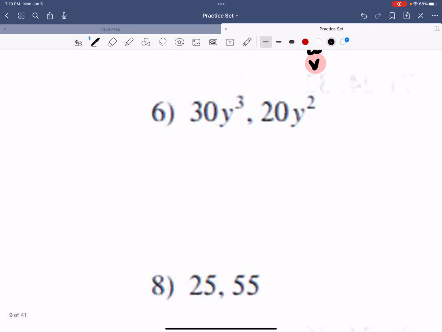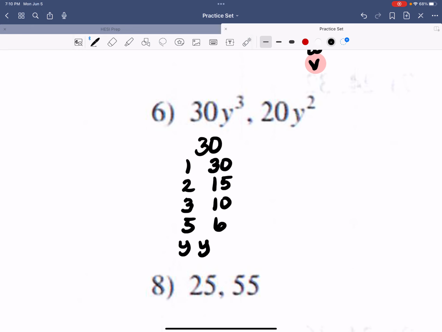Number 6, we have this 30 that we need to break down. So we have a 30, 2 and 15, 3 and 10, 5 and 6, and then we have 3 y's, y to the third. And then I have a 1 and a 20, a 2 and a 10, a 4 and a 5, and 2 y's in this one, y squared.